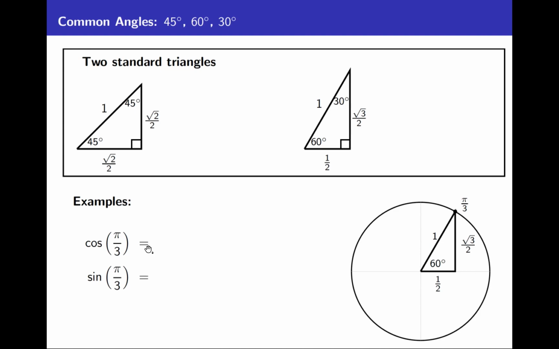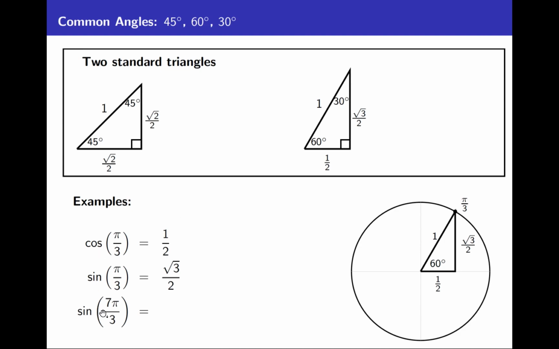So cosine of pi over 3, being the x-coordinate of this point at radian measure pi over 3, is 1/2. We can read it right off the unit circle from this triangle. Sine of pi over 3 is the y-coordinate of this point at radian measure pi over 3, and it's root 3 over 2. So those trig values are got immediately from our familiarity with the 30-60-90 triangle.